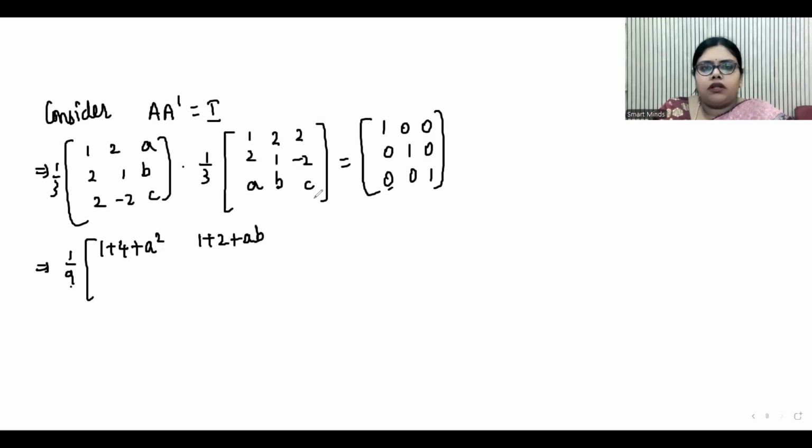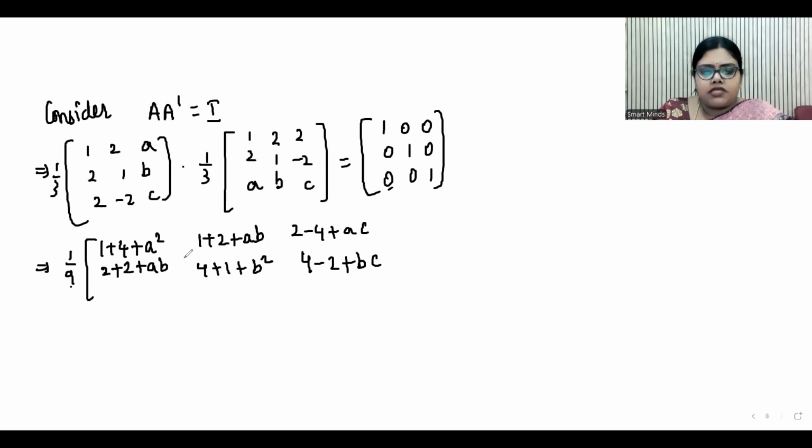First row with third column, 2 minus 4 plus AC. Now the second row: second row first column, 2 plus 2 plus AB. Second row second column, 4 plus 1 plus B square. Second row third column, 4 minus 2 plus BC.